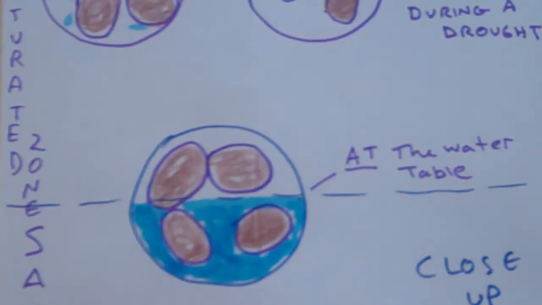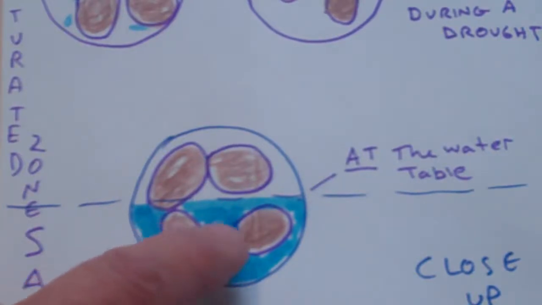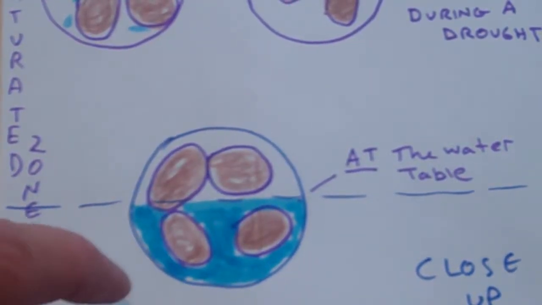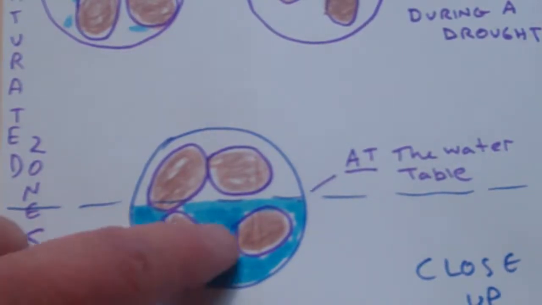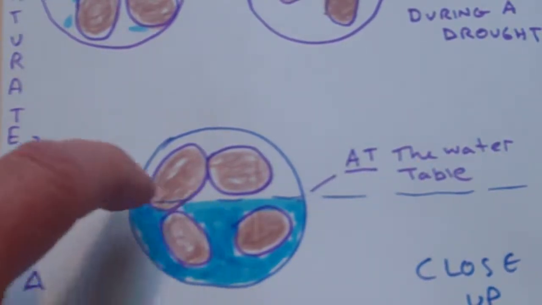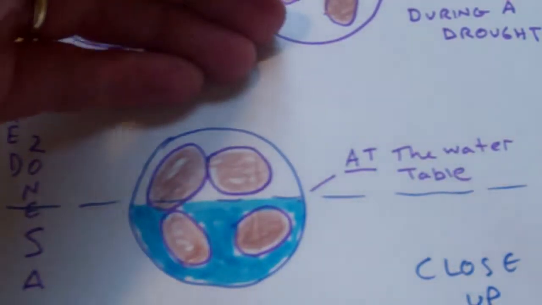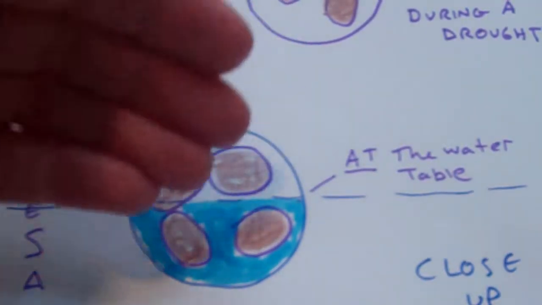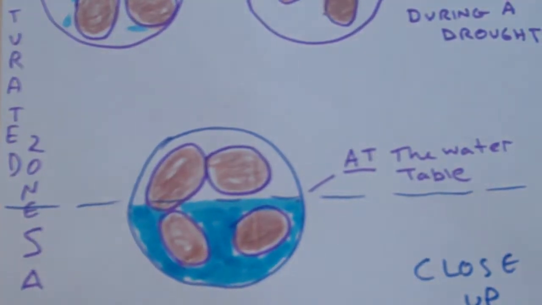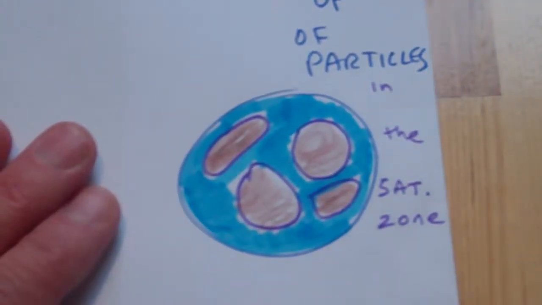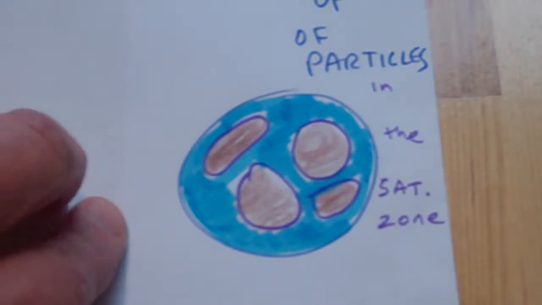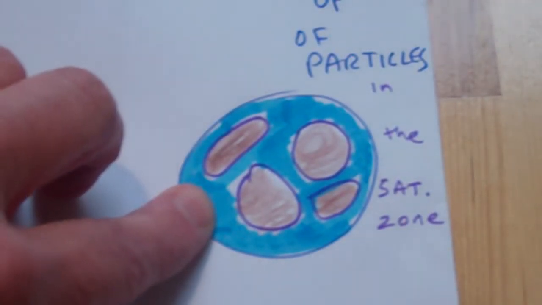Everything below it is water, and if we could zoom in on the particles, these are the sediment particles, maybe clay or gravel or something. In between, the pores down here would be filled with water. And on top of it, that would be air, because above it is the zone of aeration, or the unsaturated zone. Here's the saturated zone. If you looked at the particles below the water table, their pores will be completely filled up with water.